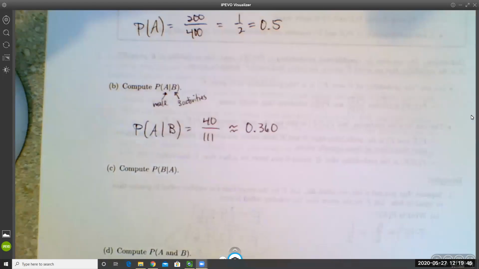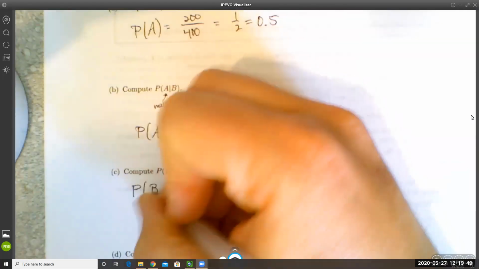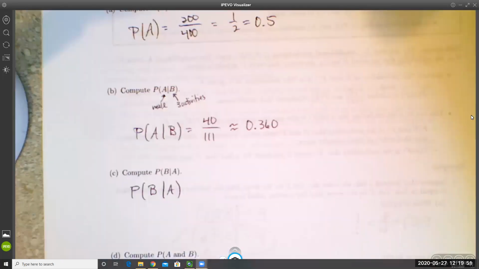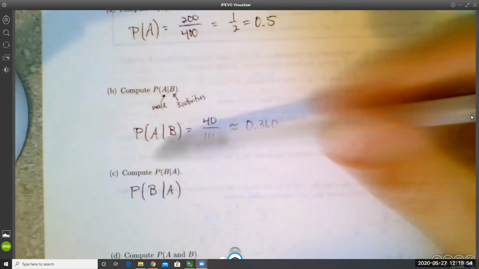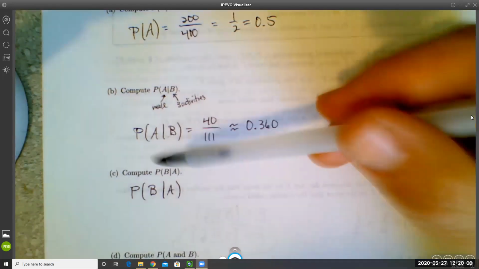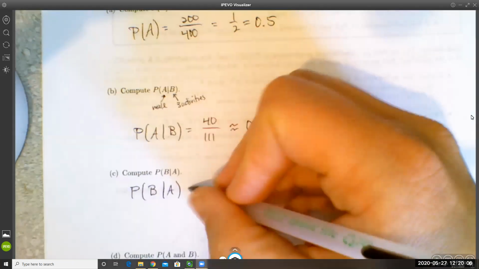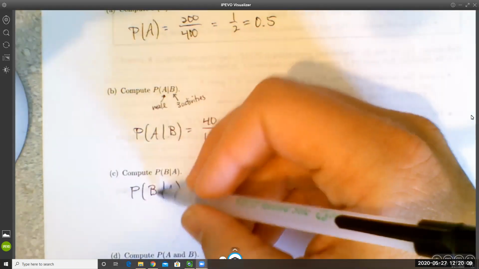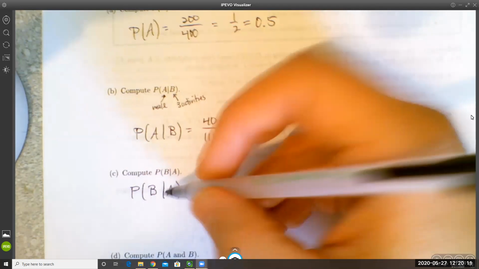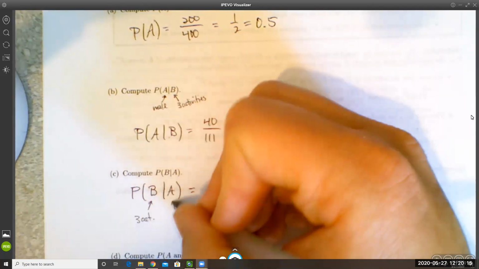Okay, part C says compute probability of B given A. You might be thinking, wait, how is this not the same as that? But they are totally different concepts, right? It's not like addition where you can do it in any order you want. The order matters here. So here we're looking for the probability that the person does 3 activities given that they're male.